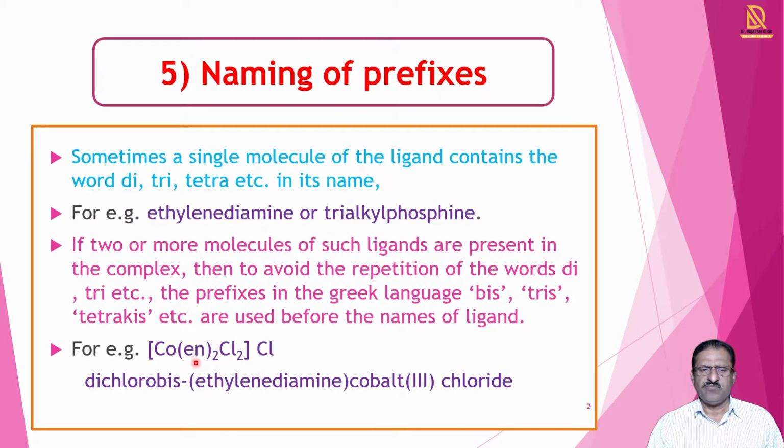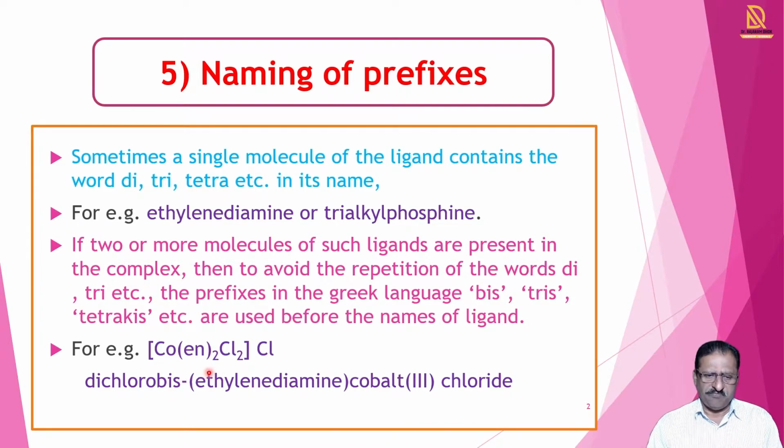Here en means ethylenediamine. In the name ethylenediamine there is already the word di, and two such ethylenediamines are present. When we use diethylenediamine, there is repetition of di and confusion. To avoid that, instead of using di, we use bis here.